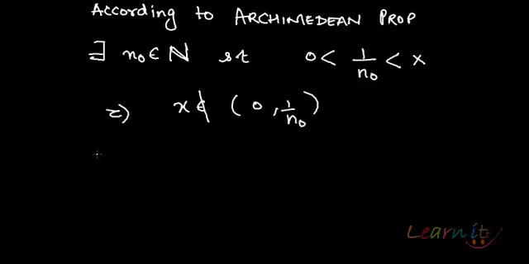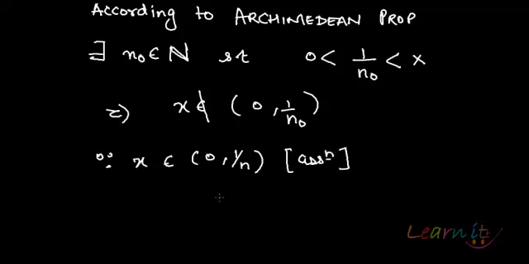Now, because x belongs to 0 to 1 by n, this was our assumption for any n greater than or equal to 1. So our assumption is wrong. Therefore, we have a contradiction.